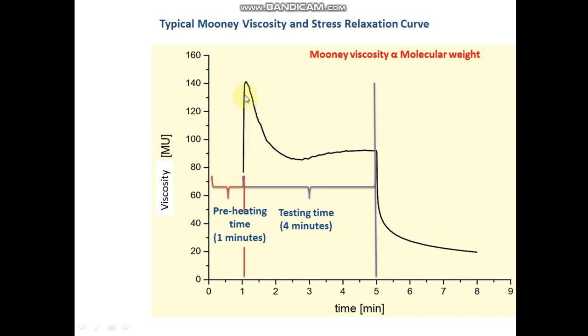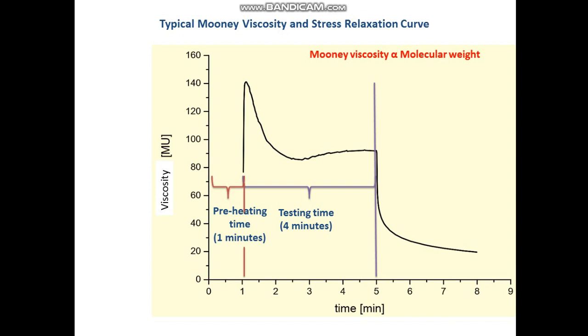That's why initially we can see a large viscosity number here, around 140 Mooney units. Because the molecular weight of rubber is high, it gives a high viscosity value. It means the rotor will need more torque to keep its rotational speed at 2 rpm inside the cavity, right?